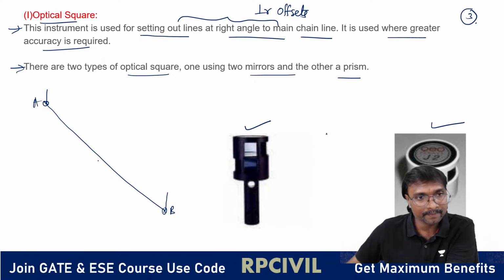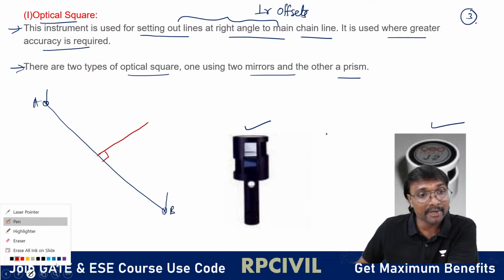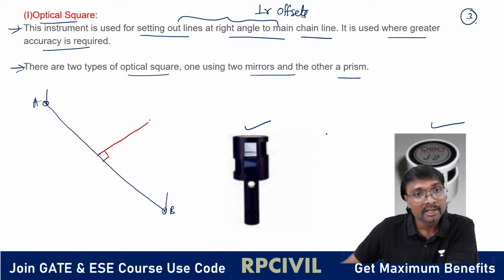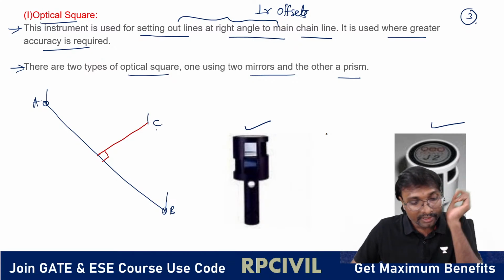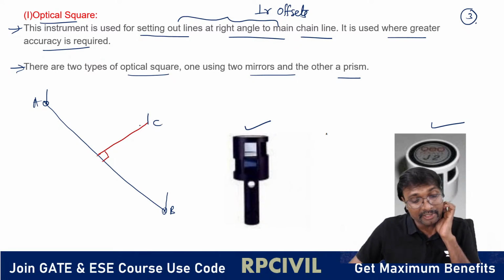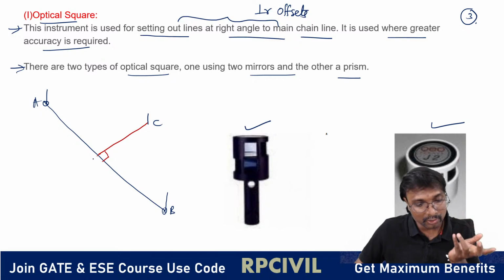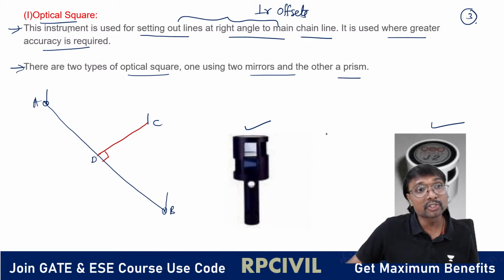We have to make one line perpendicular to this main chain line AB. So we have to keep one more ranging rod at this point C, so that point C we have to identify, meaning where to start. At this place D we have to start. Using which instrument are we going for? This optical square only.